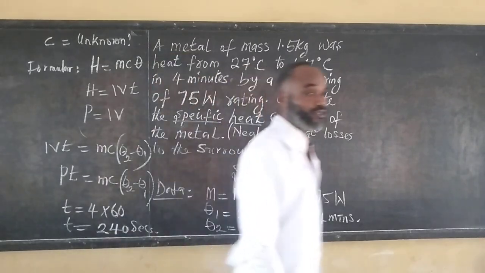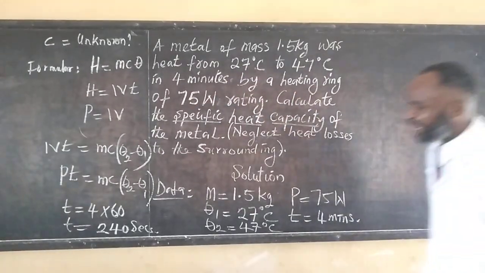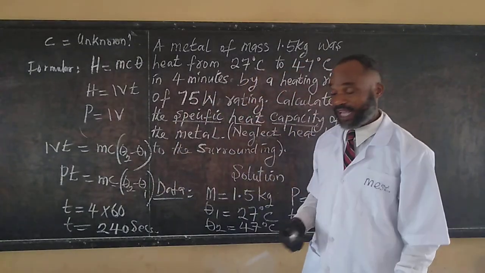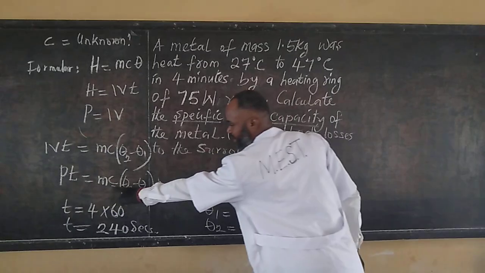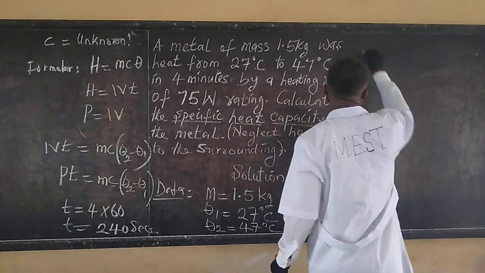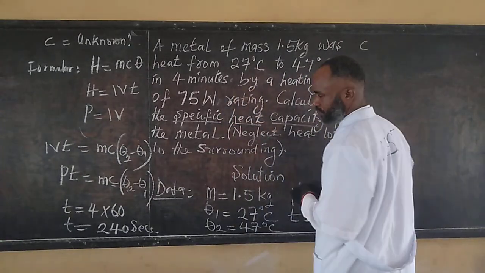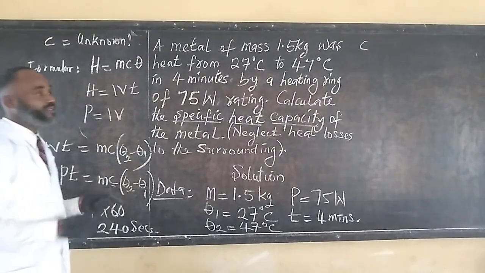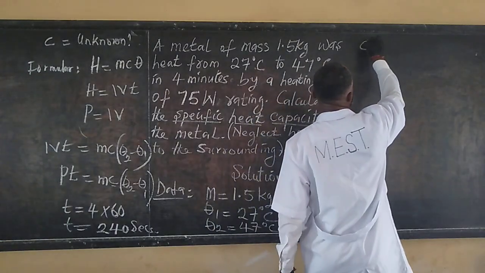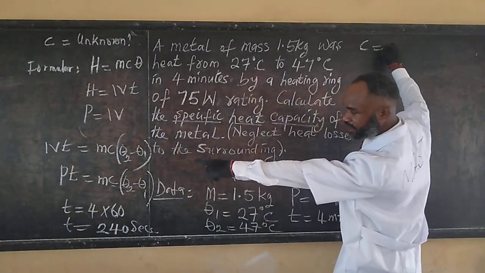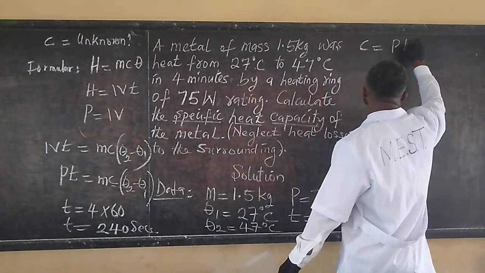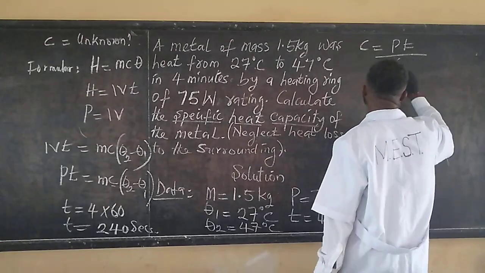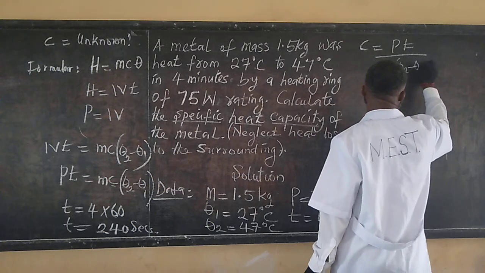Okay, so let's continue. Now we can make C, which is the specific heat capacity, the subject. We transpose C to become the subject, and that happens this way. C is equal to PT over M, bracket open, theta 2 minus theta 1.